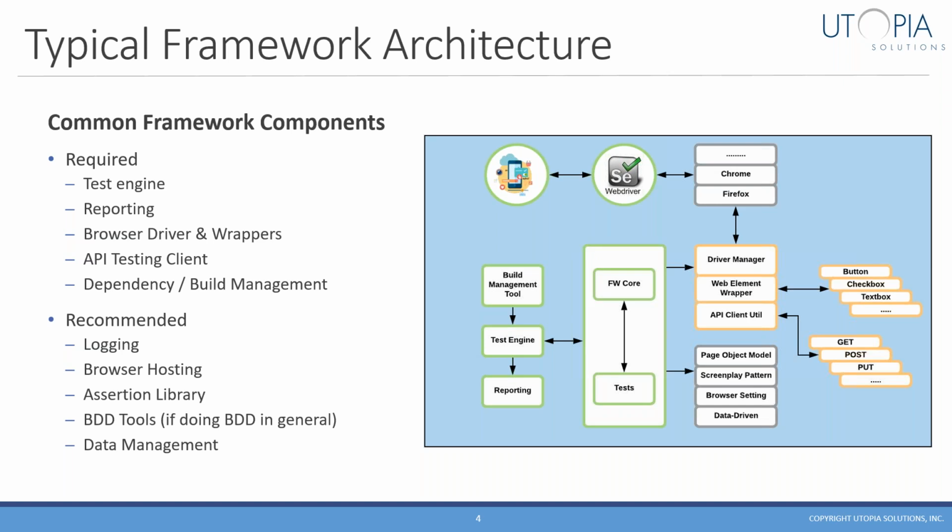But yeah, from our experiences certainly, there are must-haves that the framework needs, and again, I want to stress one size doesn't fit all. We're sharing our experiences here, but there are things that I think of as must-have components, which are a test engine, reporting, API testing clients, a browser driver, maybe a wrapper for the browser driver, and a dependency management tool. And we're going to go into all of these in the webinar.